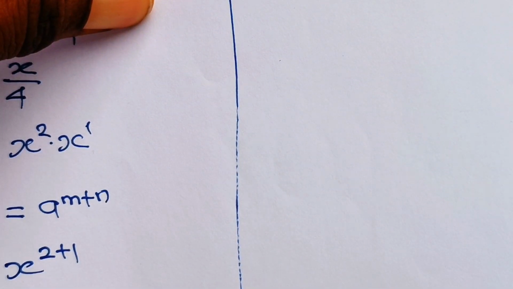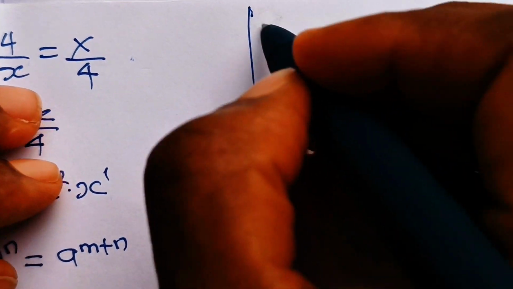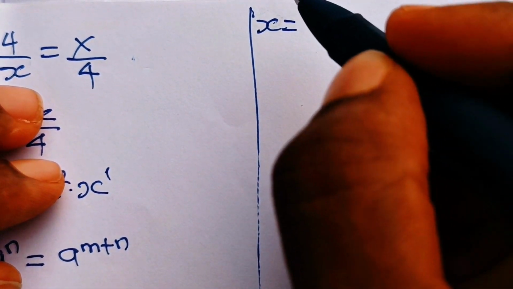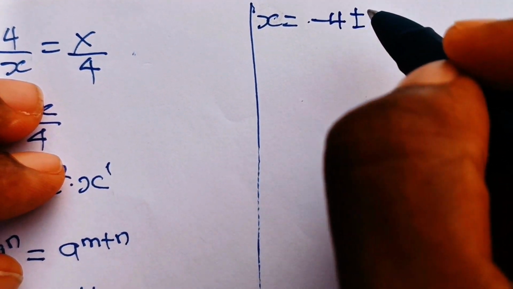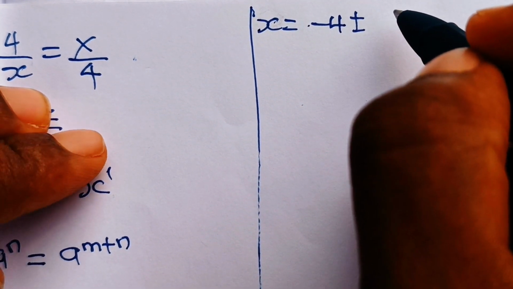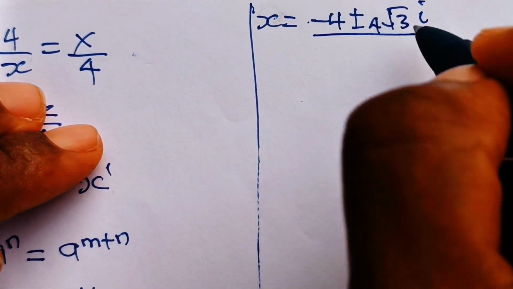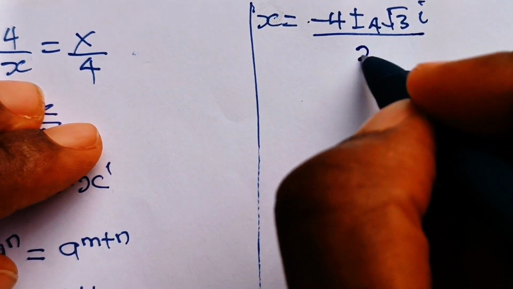So permit me to draw my line. All right, so this is where we are. That x is equal to minus 4 plus or minus 4 root 3i, everything divided by 2.